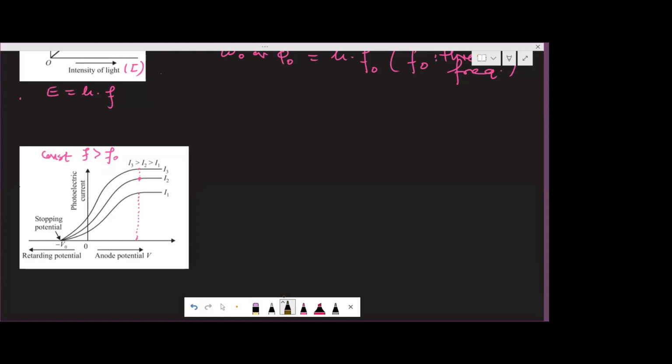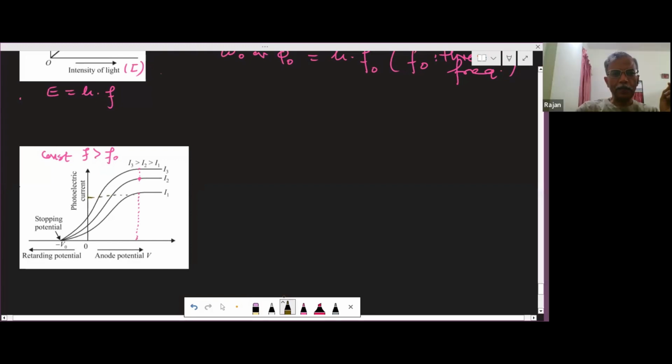Right? So you'll find that for this, I'm writing this as your IP1, right? So here, it is your IP2. Here I am writing the last one as IP3. So they are the photoelectric currents, IP1, IP2, and IP3.